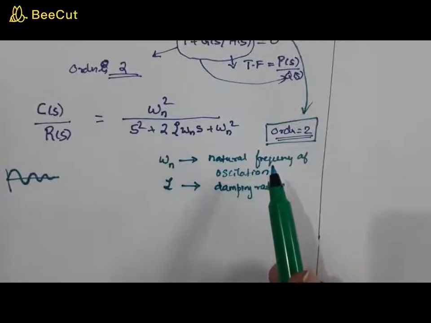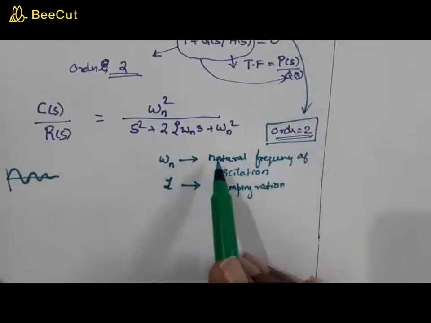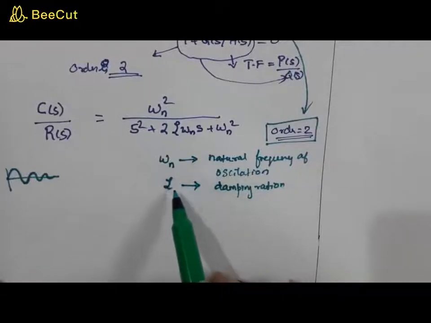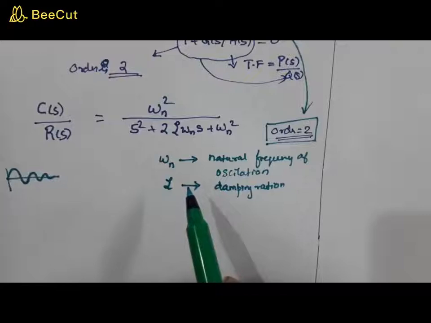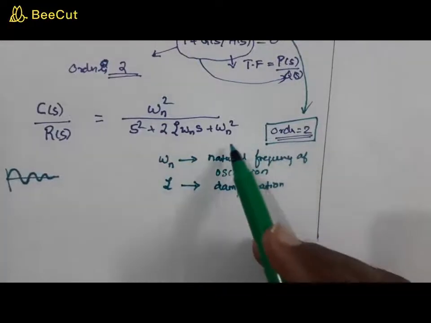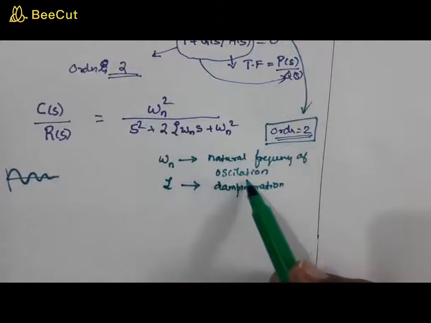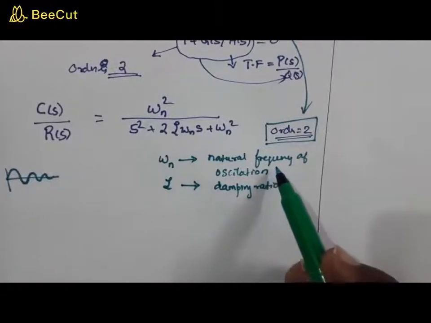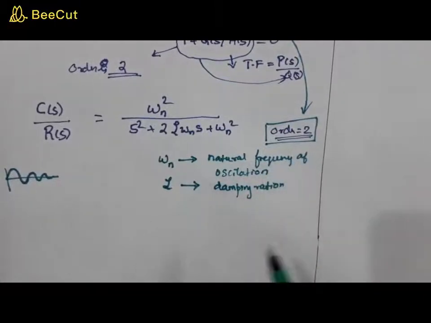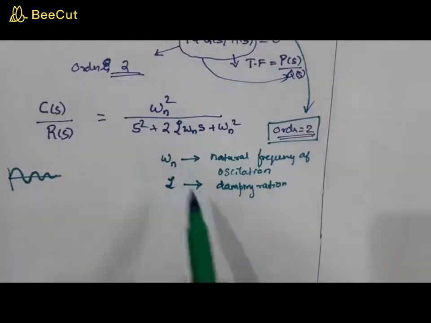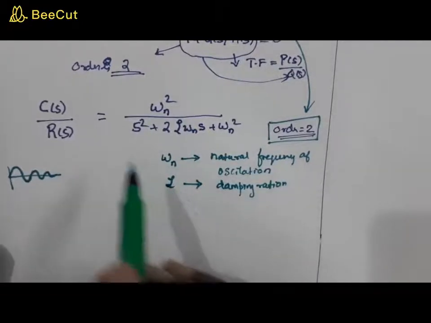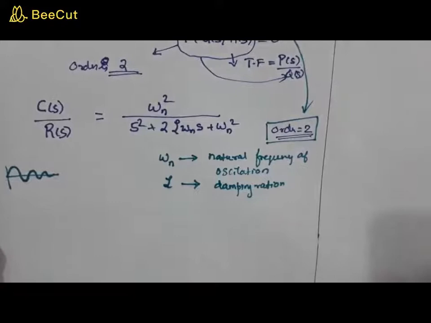That means if the system oscillates naturally, it will oscillate at this frequency, while zeta is a characteristic of that system which will control this oscillation. So these are the two parameters you come across in a second order system.